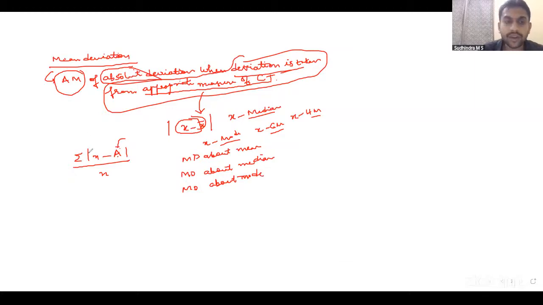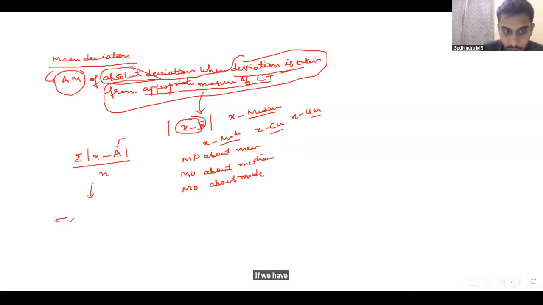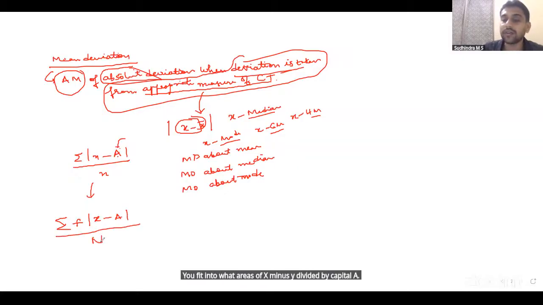Fine. We get summation modulus of x minus a by n. What if I have frequencies? If we have frequencies, it would be summation f into modulus of x minus a divided by capital N. That's the only difference between group data and ungrouped data.